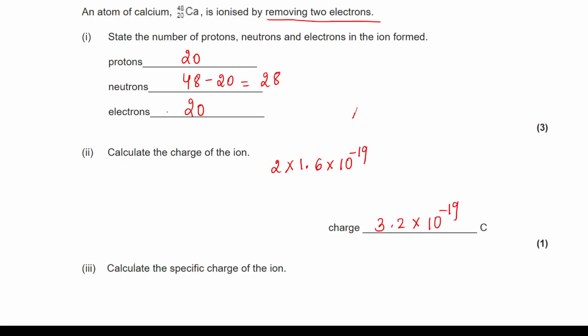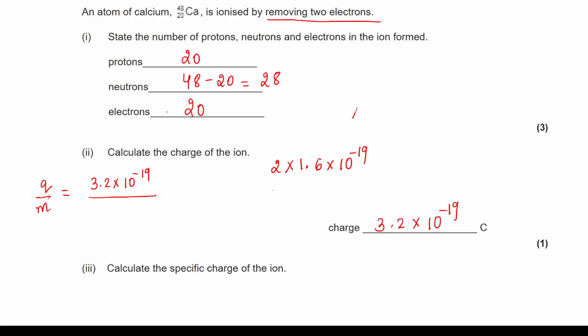Now the specific charge of the ion, specific charge is Q over M, charge over mass. Now what's the charge of this ion? The charge is 3.2 times 10 to the power minus 19, and the mass is because of, now it's the entire calcium ion.